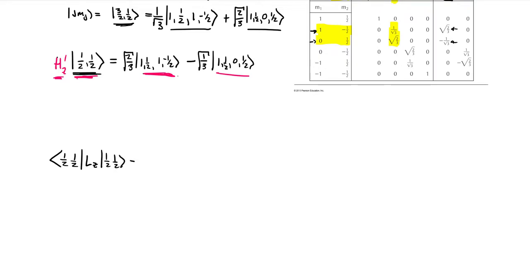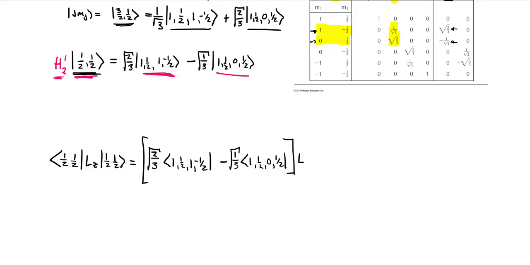That matrix element is going to be, I know that 1/2 element is root 2/3 times |1, 1/2; 1, -1/2⟩ minus root 1/3 times |1, 1/2; 0, 1/2⟩, operating on L sub z, and then the corresponding bra on the other side, root 2/3 ⟨1, 1/2; 1, -1/2| minus root 1/3 ⟨1, 1/2; 0, 1/2|.